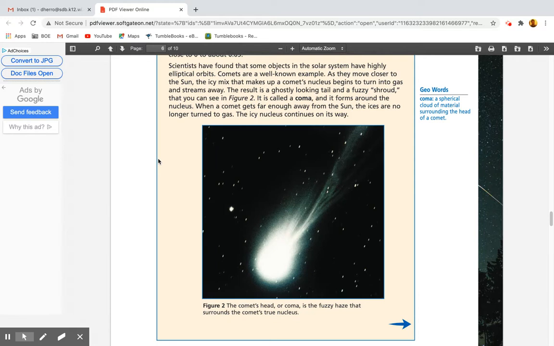It is called a coma, and it forms around the nucleus. When a comet gets far enough away from the Sun, the ices are no longer turned to gas. The icy nucleus continues on its way. Figure 2. The comet's head, or coma, is the fuzzy haze that surrounds the comet's true nucleus.